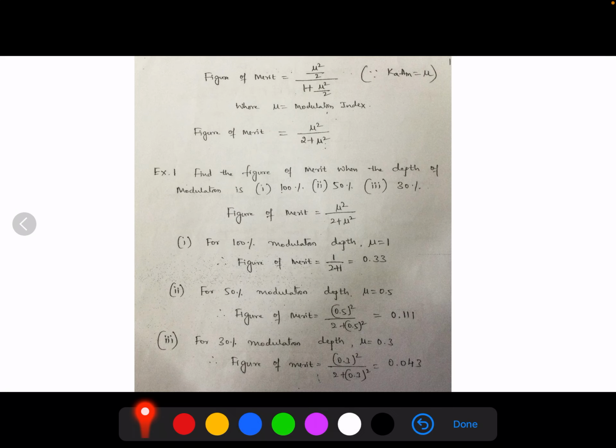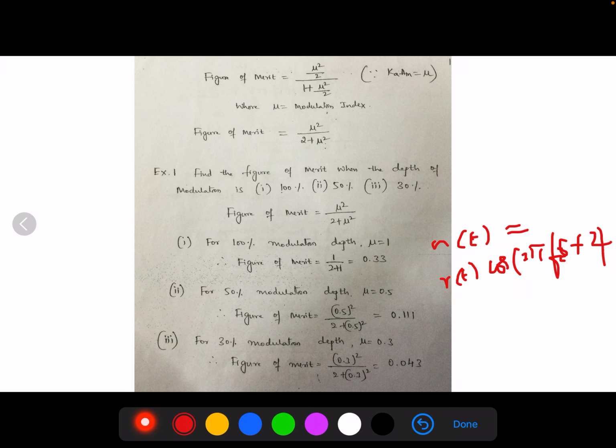So in this situation, it is more convenient to represent the narrowband noise n of t in terms of its envelope R of t and phase psi of t as n of t is equal to R of t into cos of 2 pi fct plus psi of t.